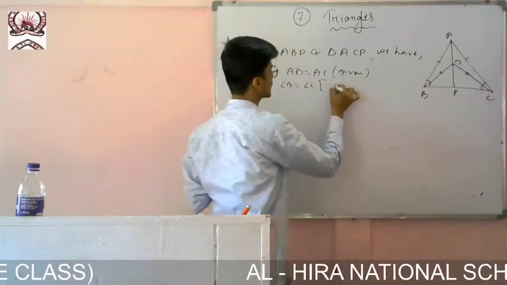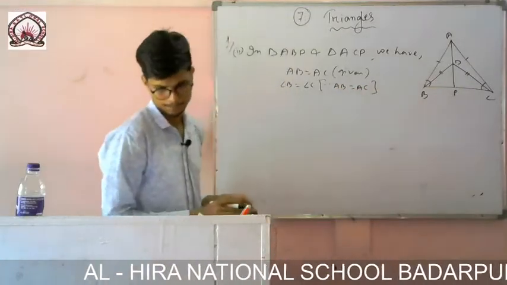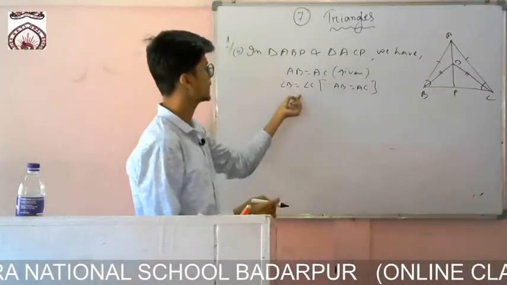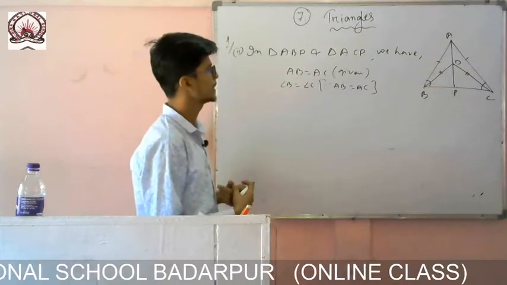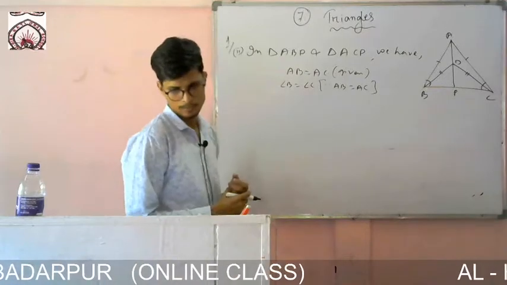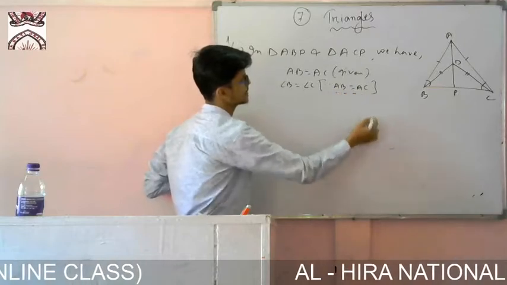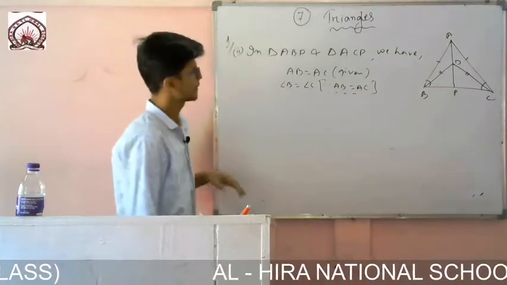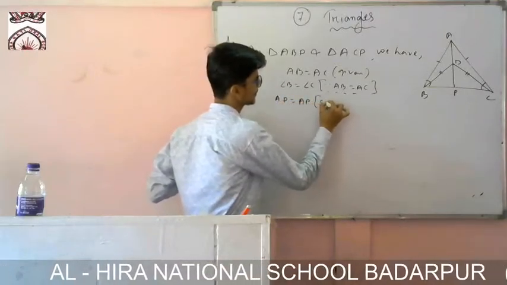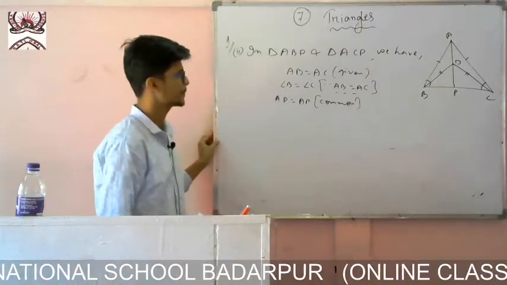The reason: since AB is equal to AC, we know that angles opposite to equal sides are equal. Then another one, it is the common side, AP is equal to AP.